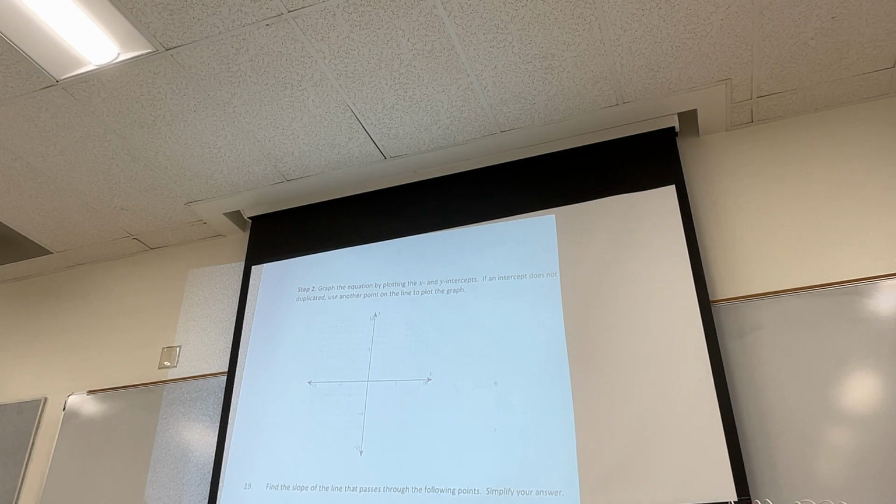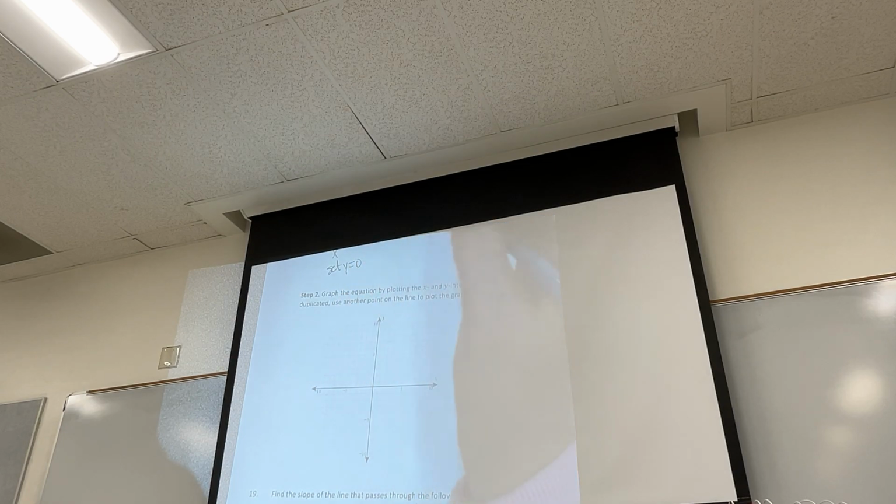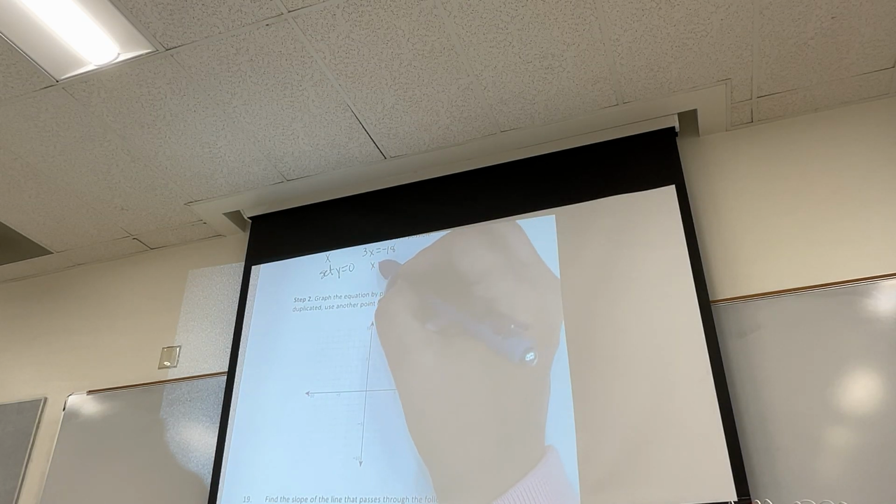All right, 18. Find x and y intercepts. We're going to speed up. To find an x-intercept, you set y equal to 0. If I put a 0 for y, I'm left with 3x equals -18. Divide by 3, x equals -6.